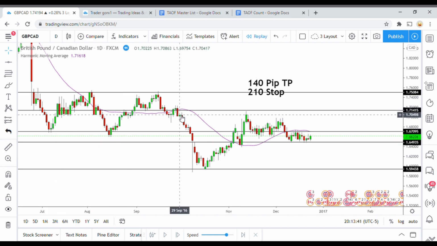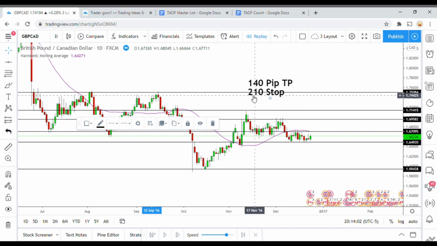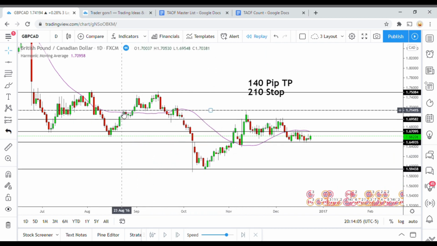And if you did that on every single little spot, then this would be just a crazy grid of lines that you wouldn't even be able to really see what's happening, let alone look for any kind of reaction in that area. So it gets kind of ridiculous at a certain point, and so be mindful of that. You're just getting close to areas, but it doesn't have to be exact touches really.